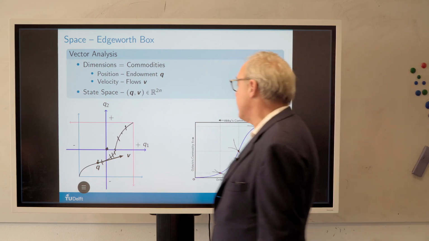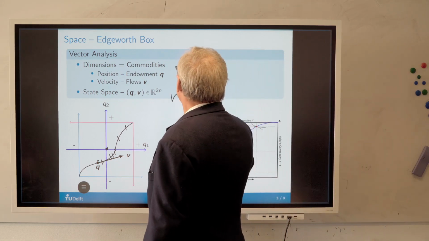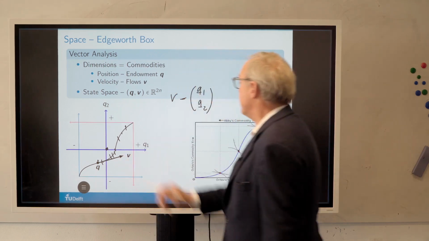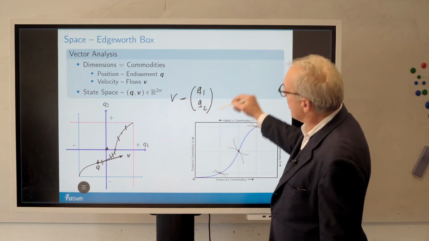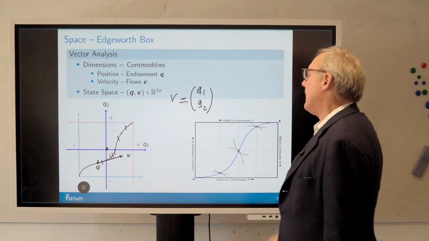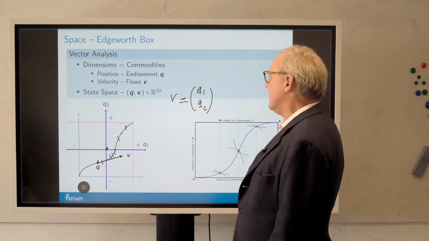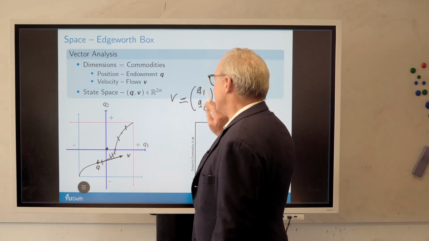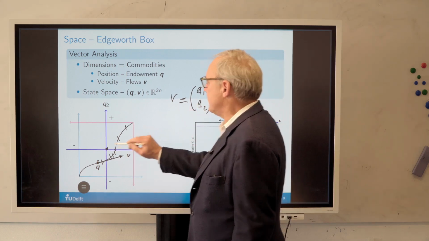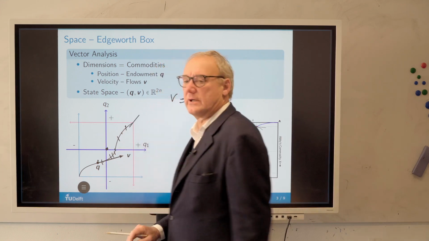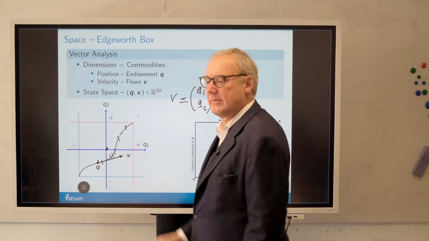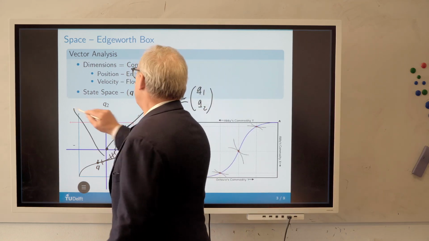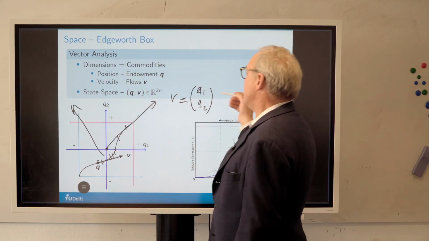Now, mathematicians have a tendency not to view vectors that way, but to say it's a column like this, or at least the mathematicians that do economics. But this column is really not essential here. You could have chosen a totally different coordinate frame, like this one, and then these numbers will be very different.